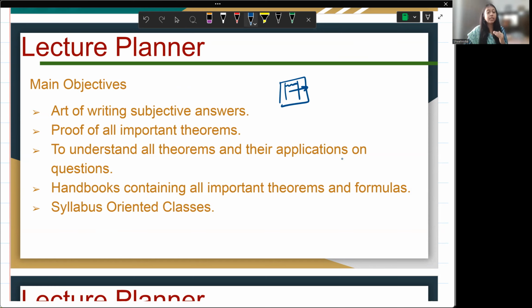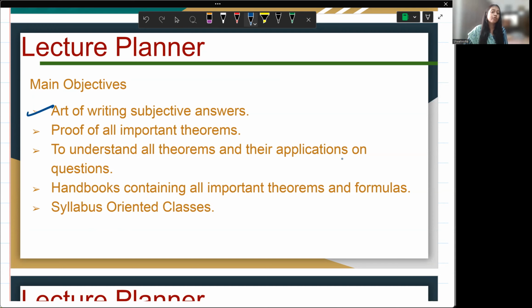You have to complete the answer within that space. For example, if you are writing the answer and you forgot or missed something, you don't have any space now. So even if you know the solution, you cannot do anything. So you have to manage everything. So this is the first point that we will do in our class.